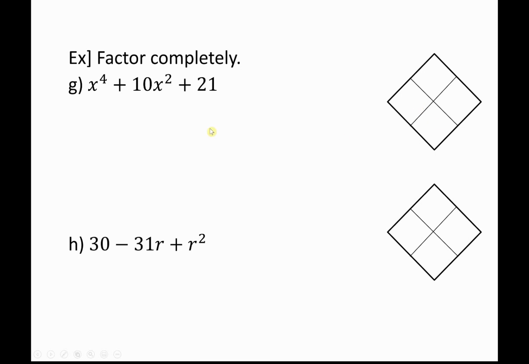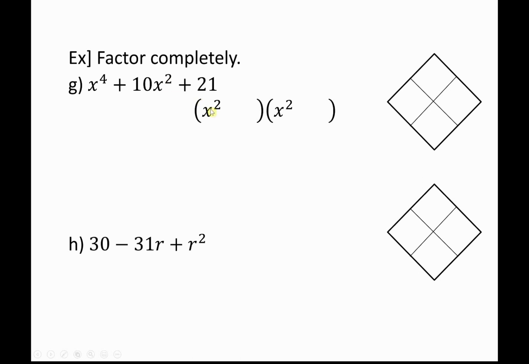Because it's fourth degree here, or some even numbered degree for the first term, and when the middle term is exactly half of that degree, and then you have a constant term for the third term, you can still use this method. You just make sure that in these positions you have x squareds rather than just x's. Whatever is in this position goes here as well in the factored form.